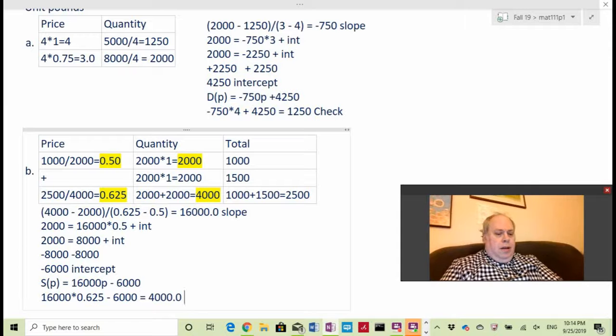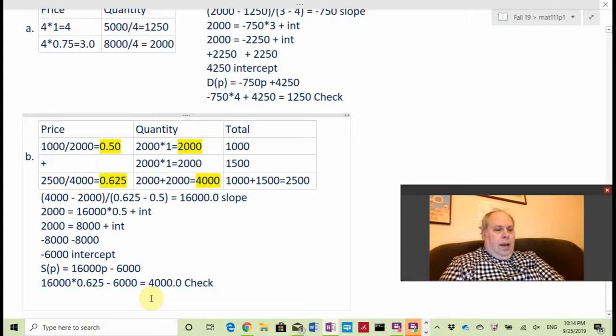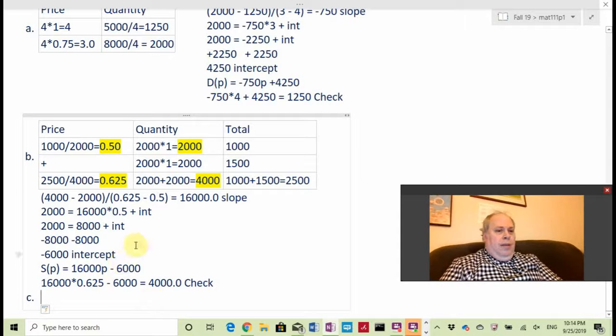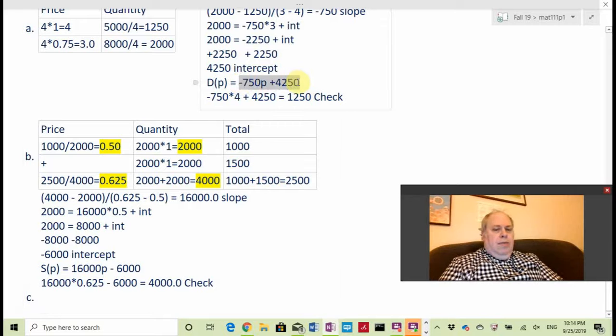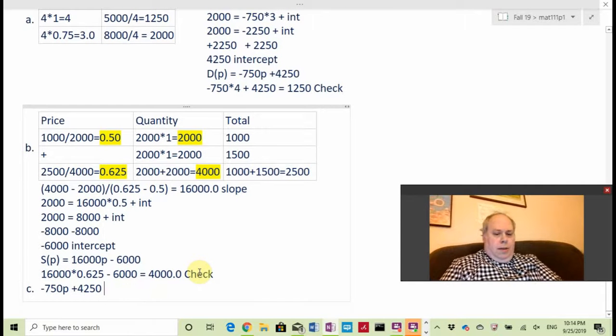We get 4,000. So that's a check. Now I can get to part C. Okay, so I believe in both this demand and the supply function. Part C is the equilibrium, where the demand and supply price generate the same quantity.